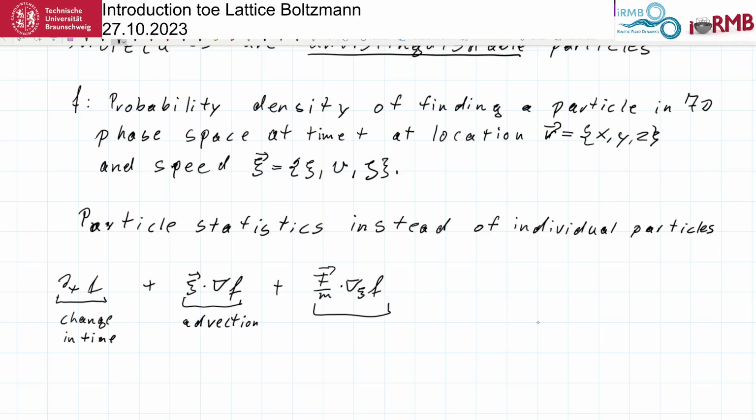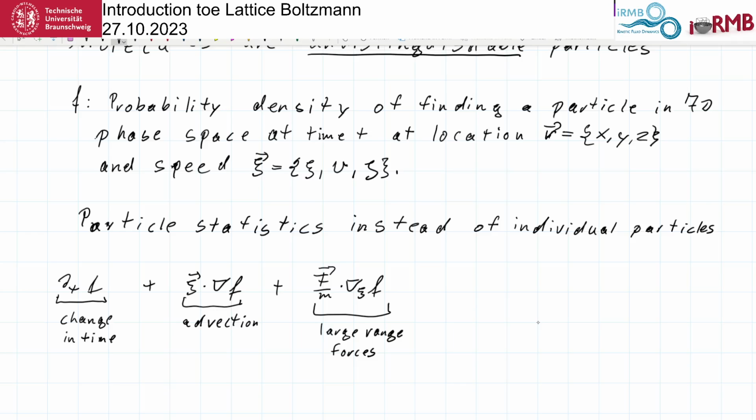So the forcing term is basically related to large range forces. So it's not related to the forces that we usually have when we do molecular dynamics, like van der Waals forces, particles coming close to each other and doing things with each other.